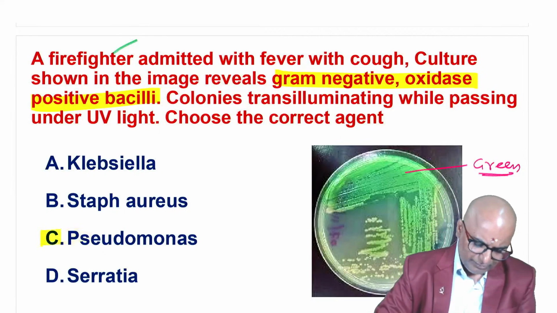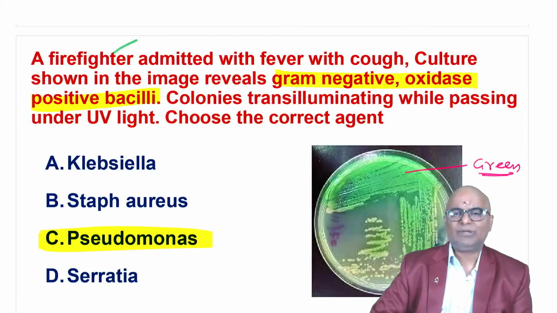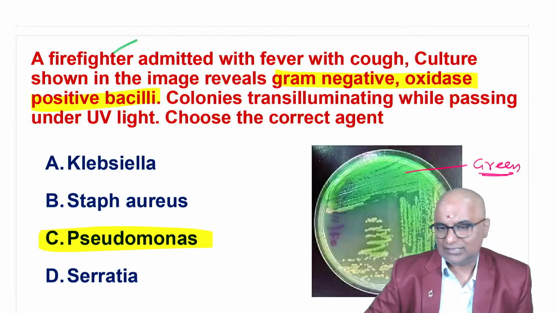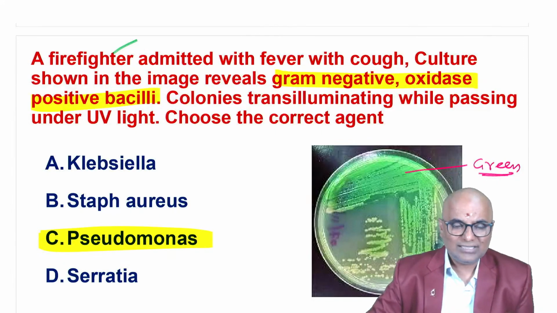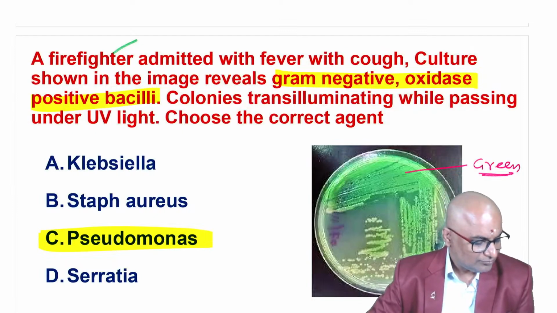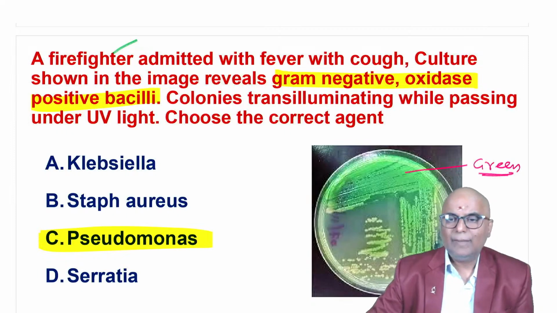It produces many pigments: pyoverdine, pyorubin, pyomelanin, like that. Pyoverdine, if you see under ultraviolet light, you can get iridescent colonies. PYQ direct question. Yes, my dear, you are right. PYQ, DFX.